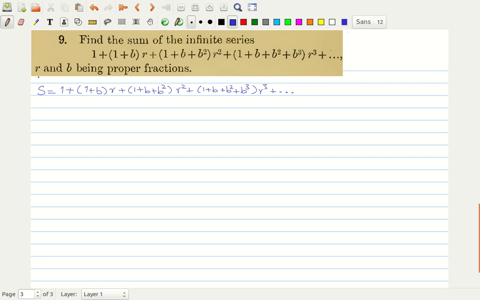Okay. Now let us multiply this left hand side by r. So this becomes r times S. This becomes 1 times r, so we will write it here, r.